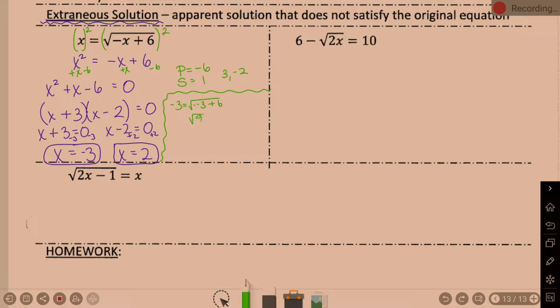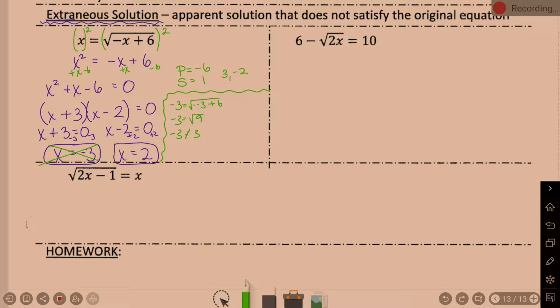This really is the square root of 9. But here's the deal. Can this square root equal a negative in the equation setting? No, square roots can't be negatives. So a square root is only a positive square root, so we get 3 equals -3, which does not work. So right there, -3 does not work.